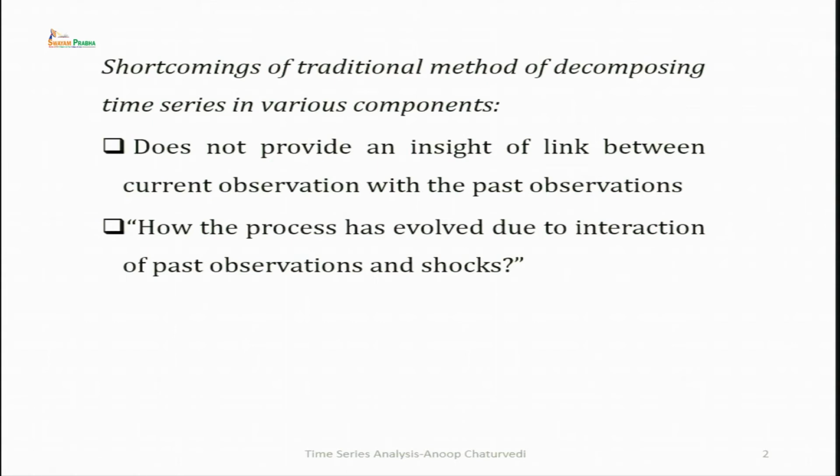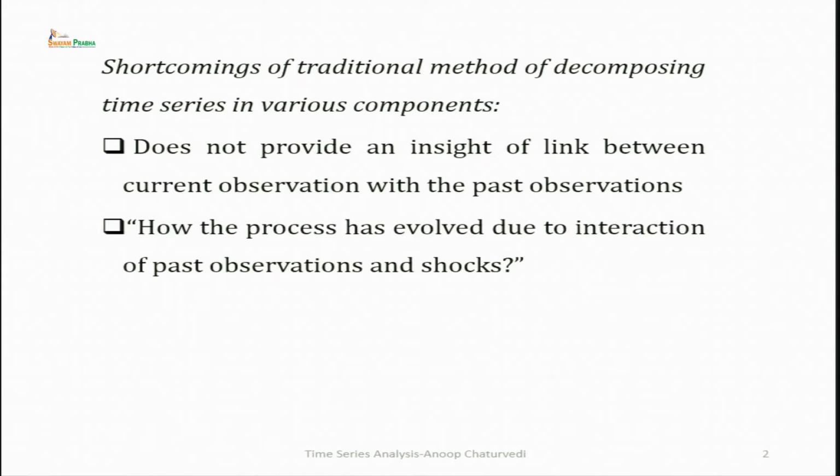So, here are a few shortcomings of the traditional method of decomposing time series into various components. It does not provide an insight into the link between the current observation and the past observations. You do not have any such model in the classical approach which links the current observation with the past observations.